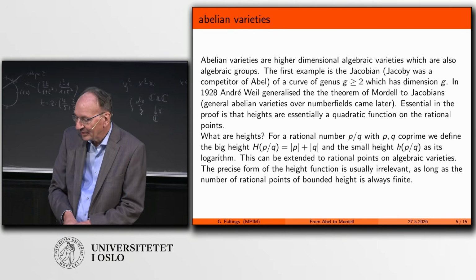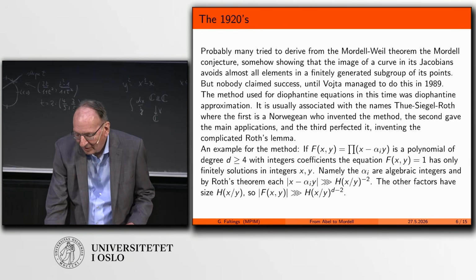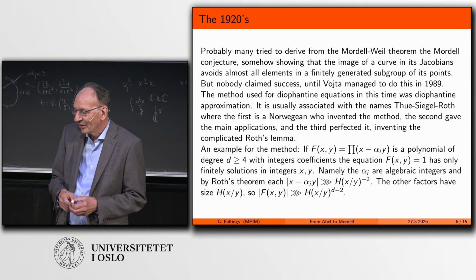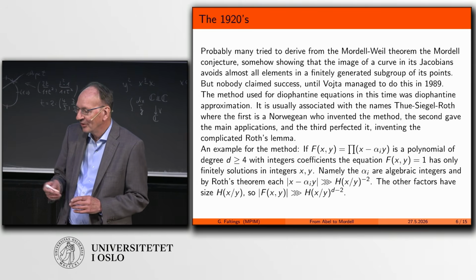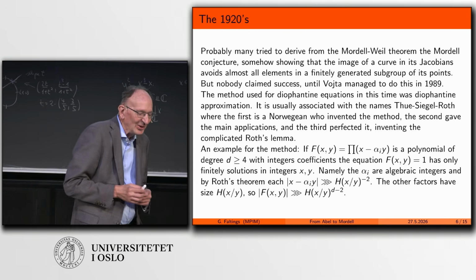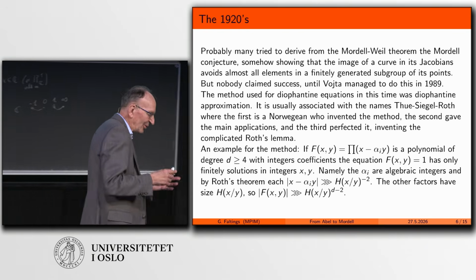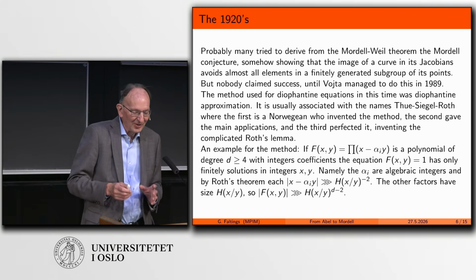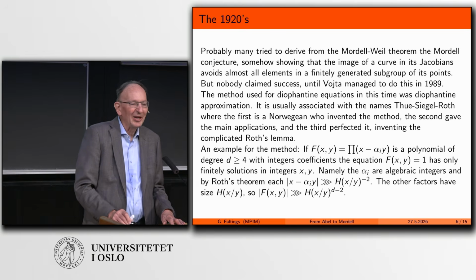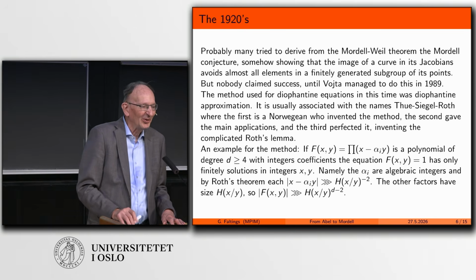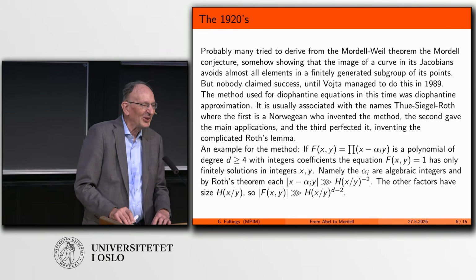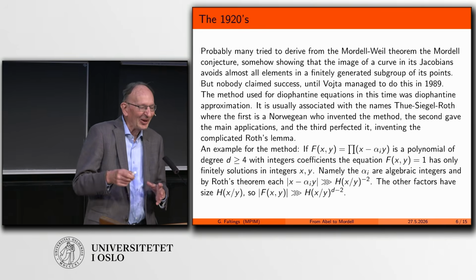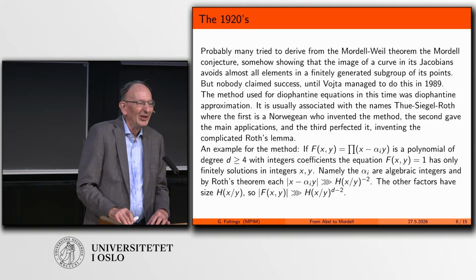So I introduced heights. And then you had the Weil theorem that the rational points on the Jacobian form a finitely generated group, and the curve lies in there. The natural way to prove Mordell's conjecture was to try to use that finitely generated group, but the curve avoids most points of it.